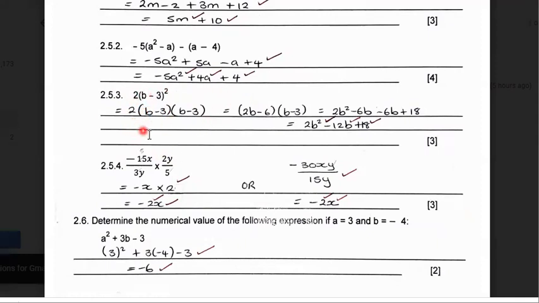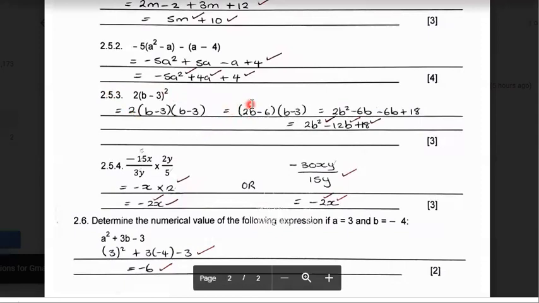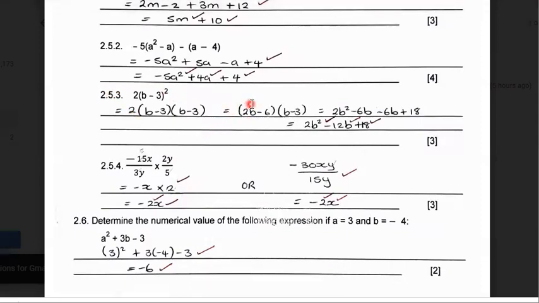If you go using my route, you'd be choosing to multiply the 2 out first. Hence, you'll have 2 times b giving you 2b, 2 times minus 3 giving you minus 6. That entire bracket multiplied by b minus 3.